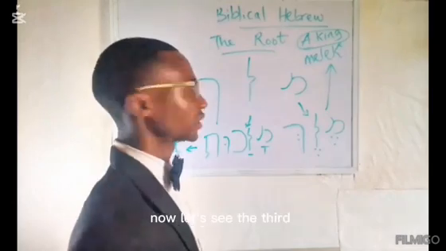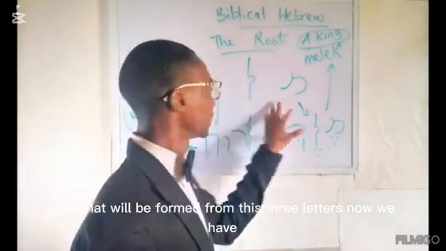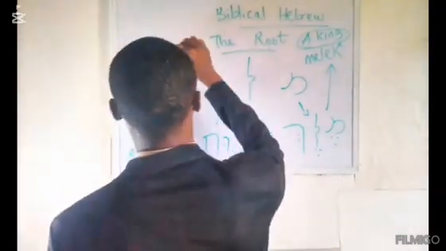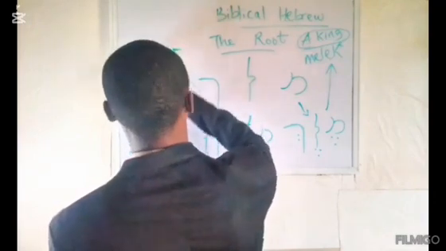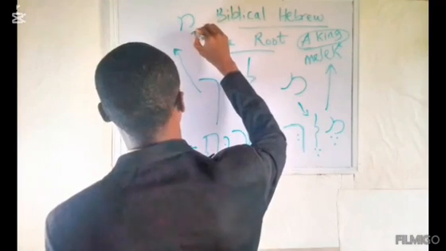Now let's see the third word that will be formed from these three letters. Now we have black.